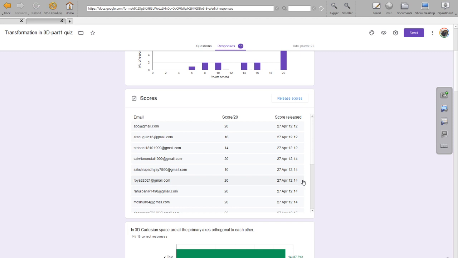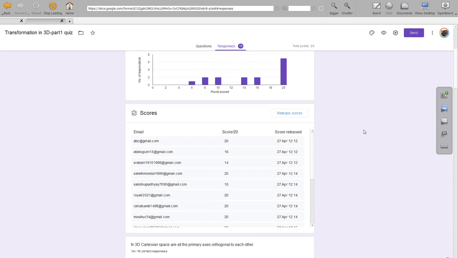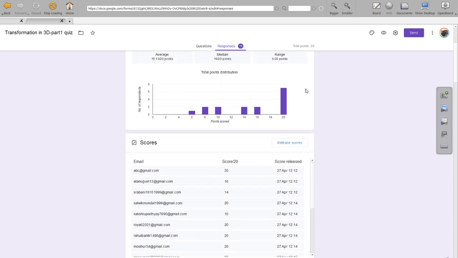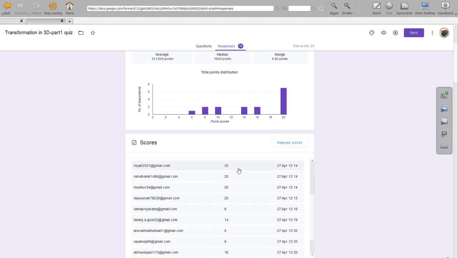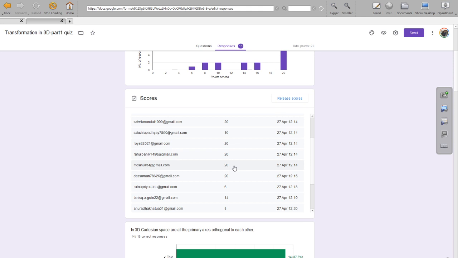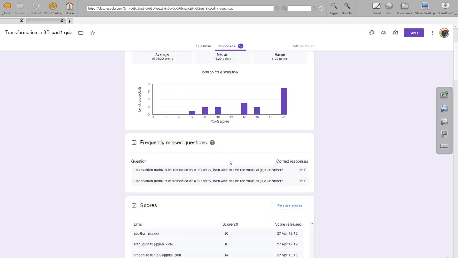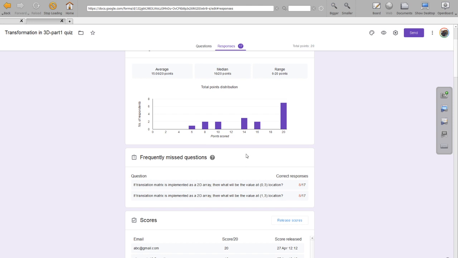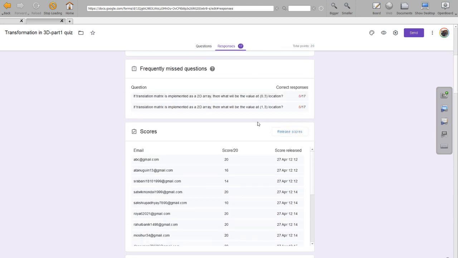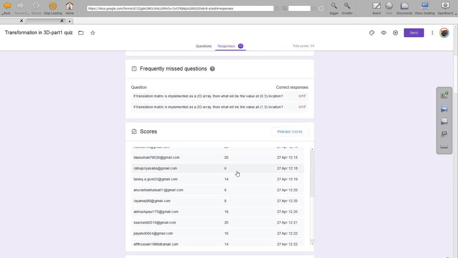Now, by watching this bar graph and looking at the scores of your fellow participants, you can compare yourself with others and see where you're standing. So this is actually the concept of percentile.